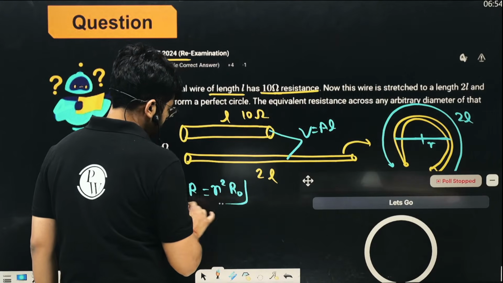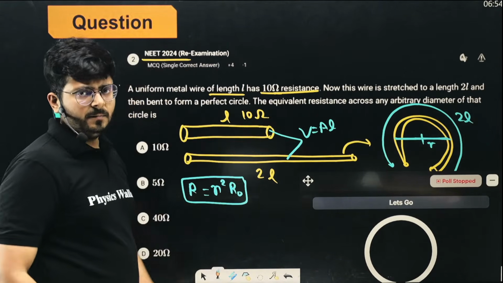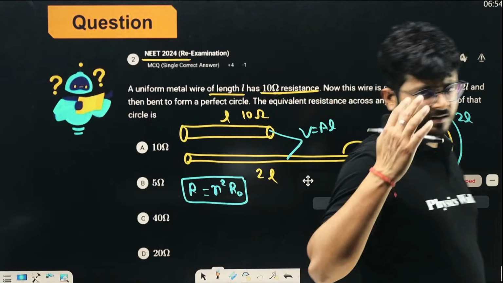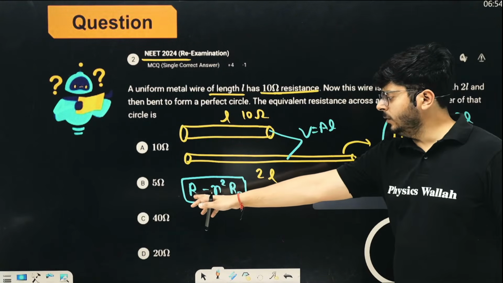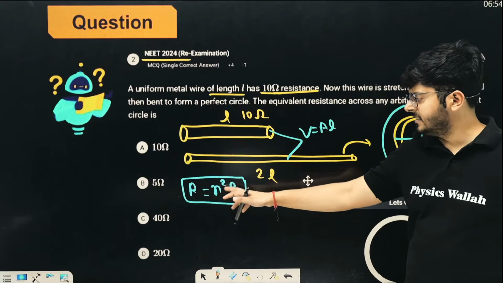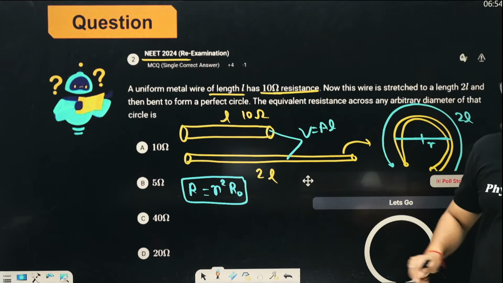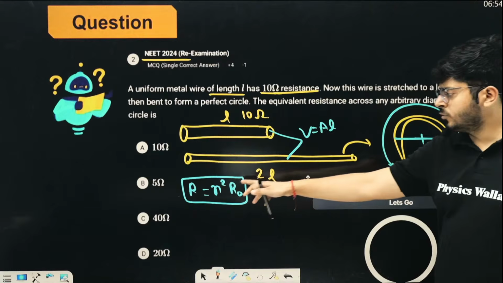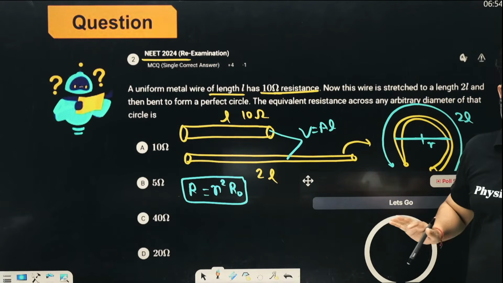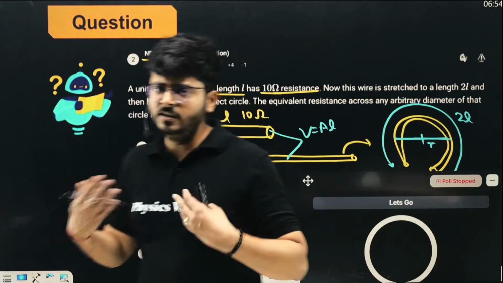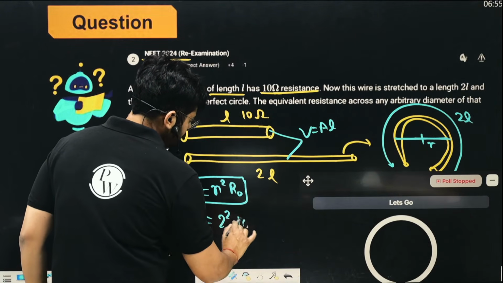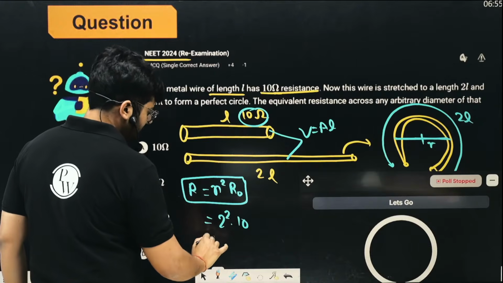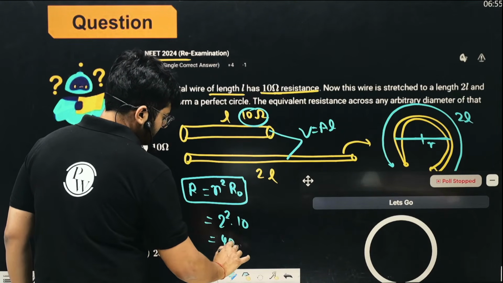This is a simple identity. When you equate the volume and derive the new resistance, you will find that the new resistance after stretching is n square times the previous resistance. You are stretching it by 2 times, so it is 2 square times the previous resistance. If you stretch it by 3 times, it is 3 square times the previous resistance. Previous resistance was 10 ohm, so it is 4 into 10, which is 40 ohm, right?